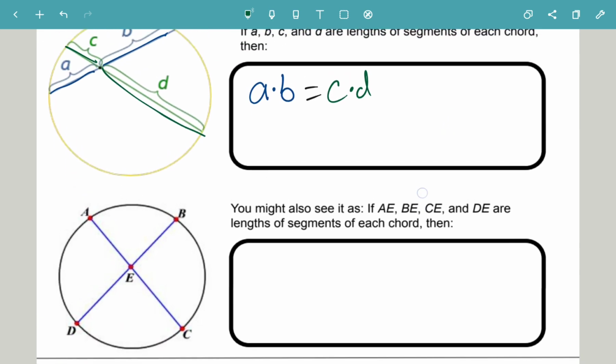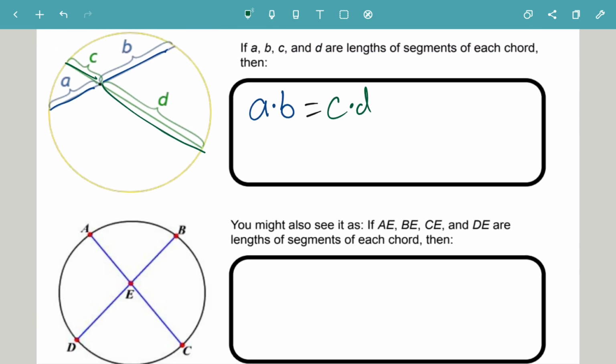You might also see it like this, where you have each segment denoted by the endpoints. So like AE over here, and then EC right here for one of the chords, and then BE times ED.